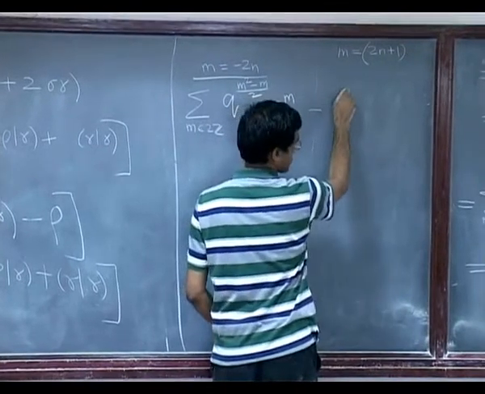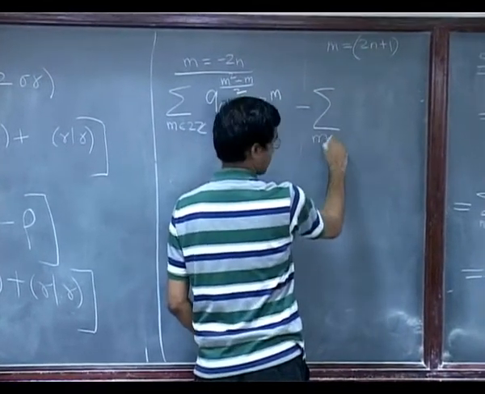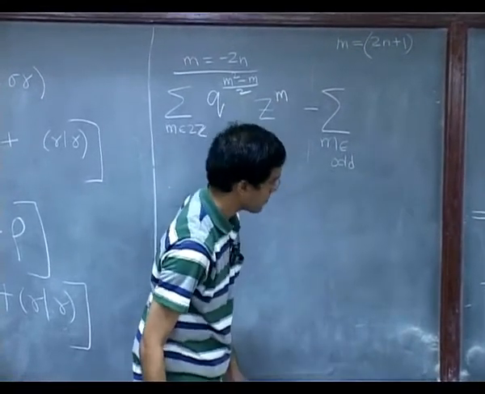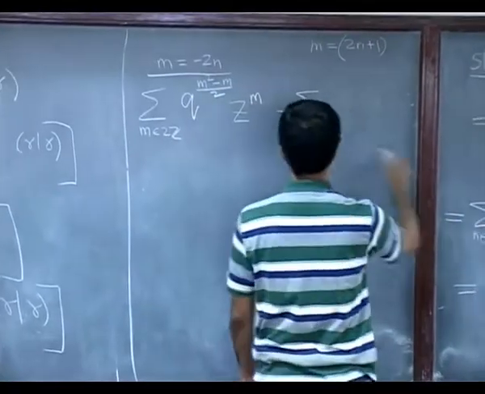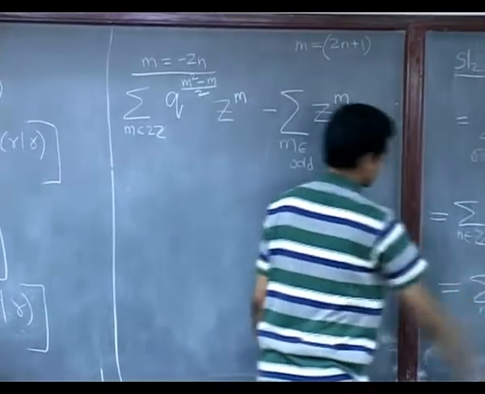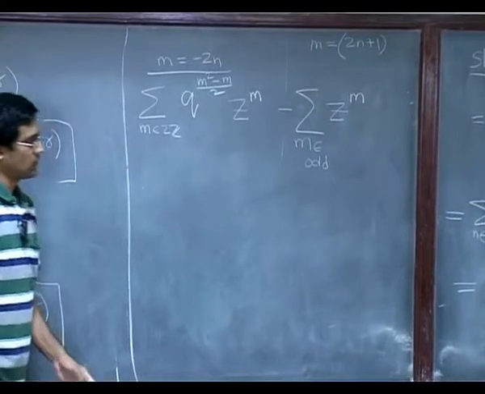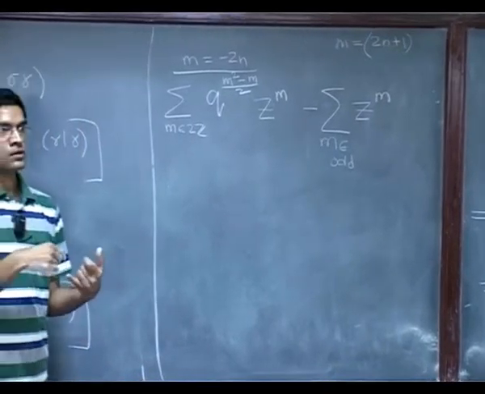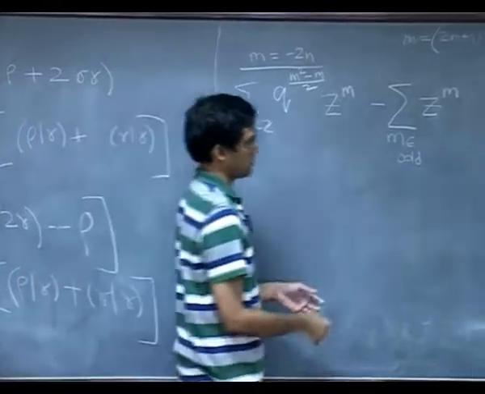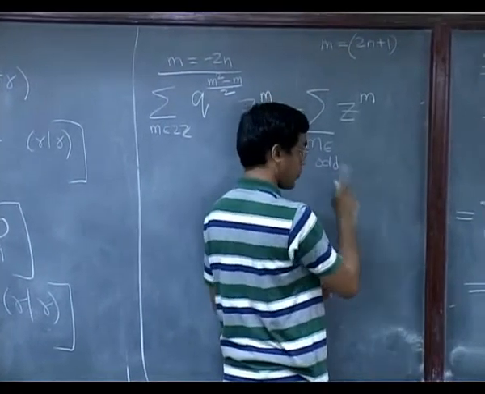So minus, it's now the sum over all odd integers, at least the power of z is clear, it's z to the m again. But now what's 4n square plus 2n over 2? It's 2n plus 1 squared, 4n square plus 4n plus 1.